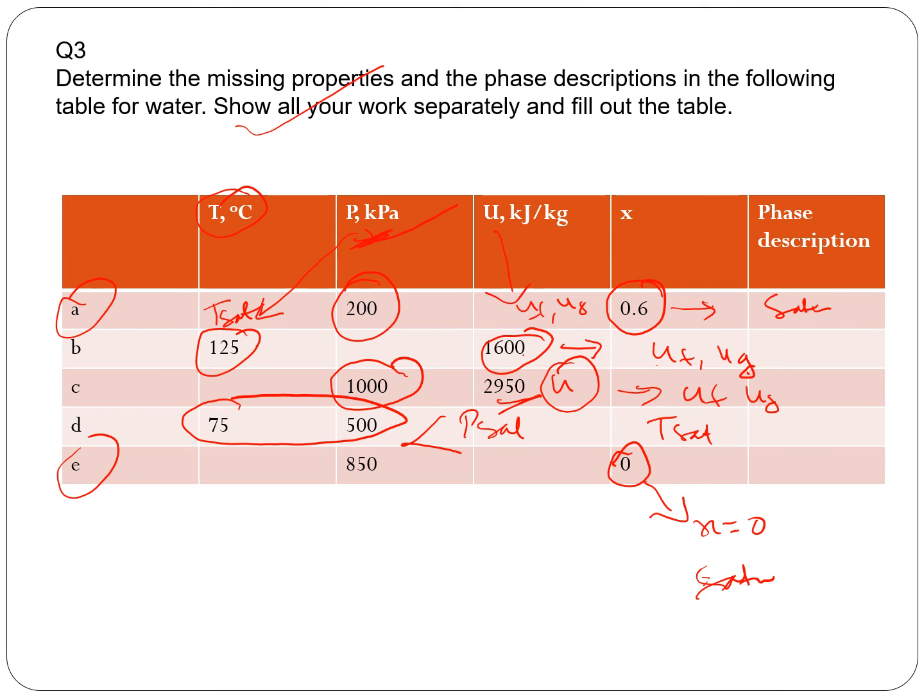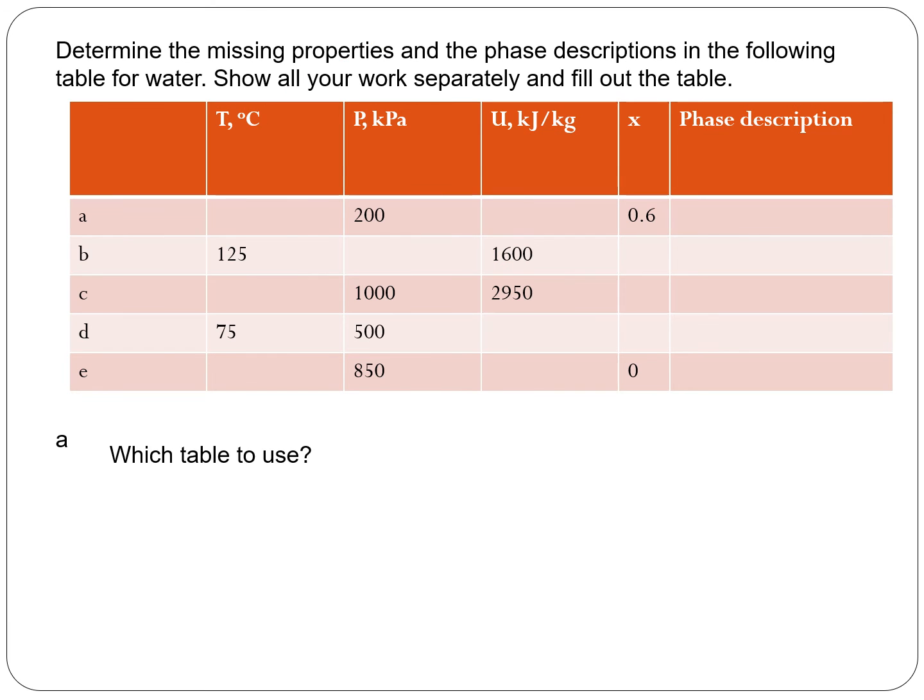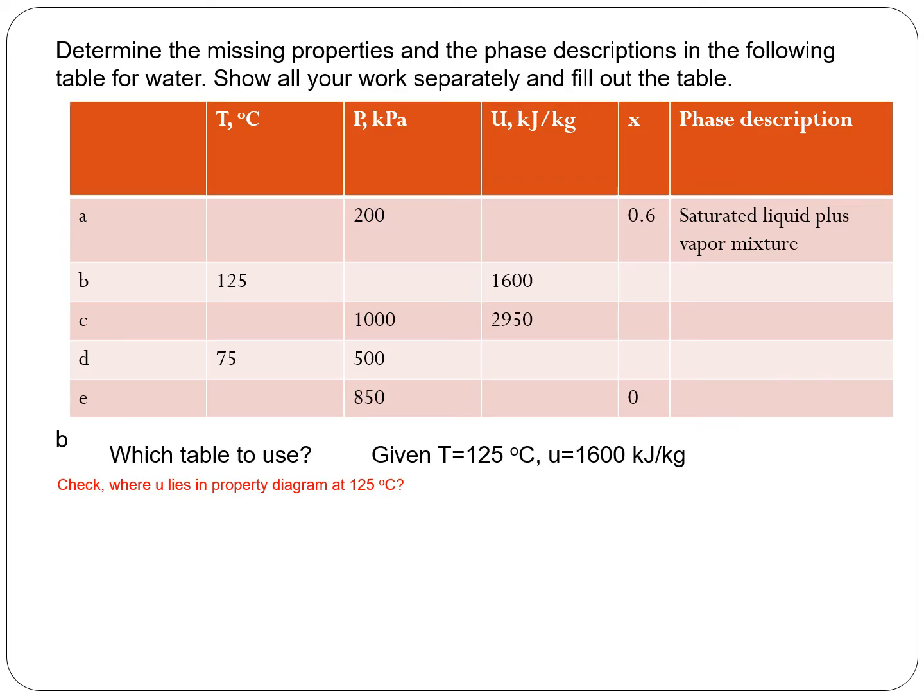So for saturated liquids, the property is UF. If it was x equals 1, then the property would be UG. So this is how you need to solve the problem based on what is given and what has been asked. This is exactly the same thing that we discussed before.